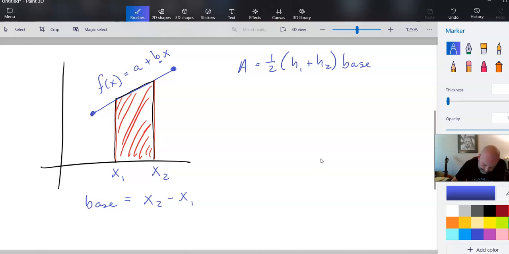Now, if you want to know how tall this is at this point, what you do is you take this x value and you plug it into the function. So the height here is f of x1, and the height on this side is f of x2, right?